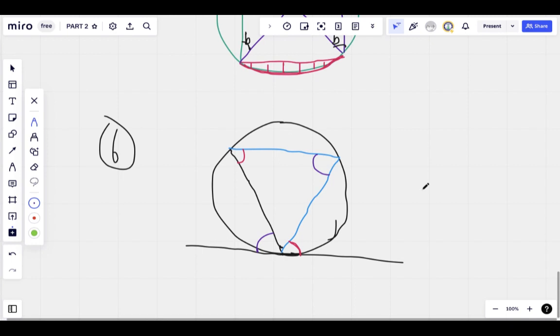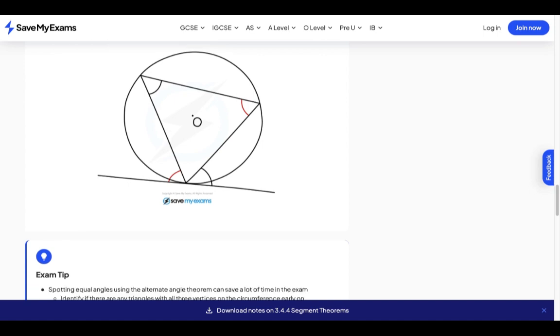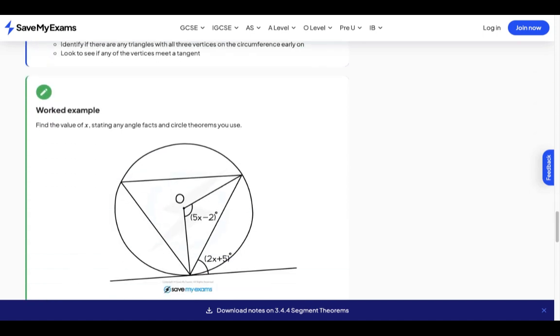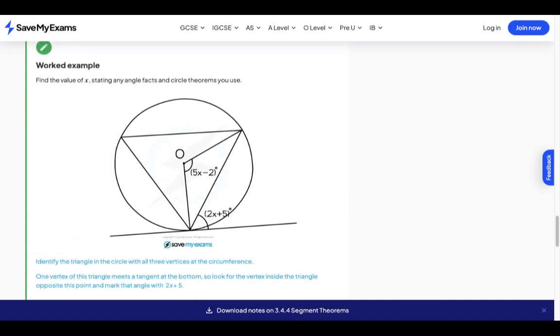Okay, let's find probably a problem to give better clarity. You see, whatever we have here will be equal to what is here. So if here is the same as here, remember angle at the center is twice whatever is here.